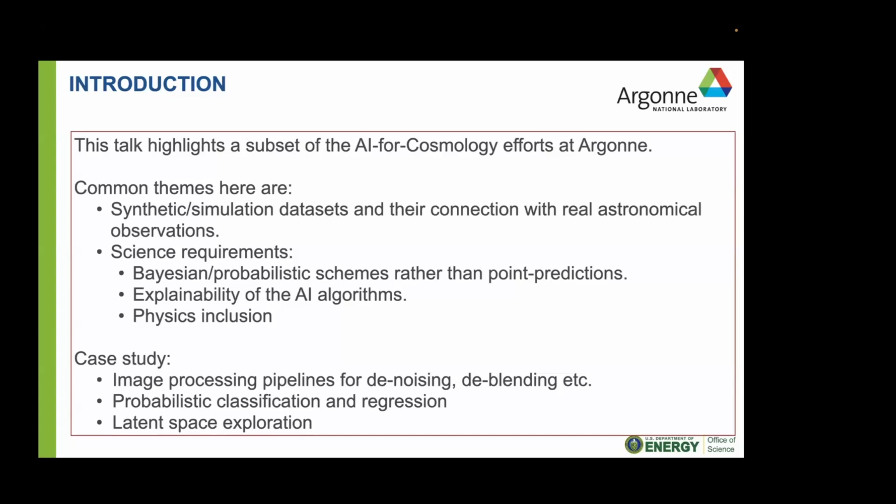It's not just getting answers from our AI frameworks; it's also, can we explain why this is the result, or what the sensitivity is. Finally, there are questions about how we include physics, or our scientific understanding, instead of a purely data-driven methodology. So these are the things we are roughly concerned about when we do AI in cosmology.